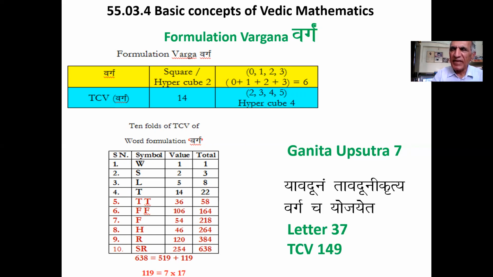The TCV value of formulation Varg is 14, which is parallel with 4 folds of hypercube 4, the representative regular body of 4 space. Therefore, we shall have a fresh visit of the formulation Varg. The formulation Varg here is in its manifested form as Vargam.